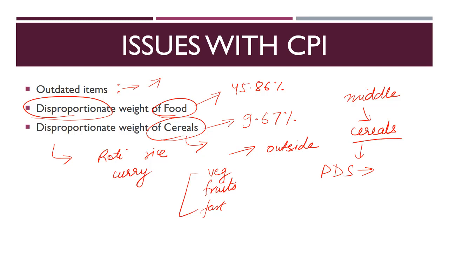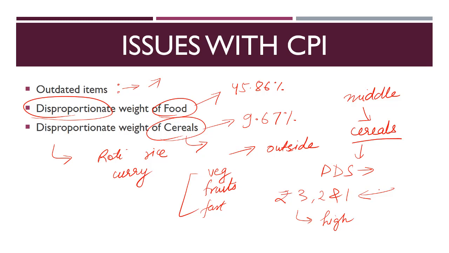Even in the full PDS scheme, we see that rice, wheat and coarse cereals are available at a subsidized cost of rupees 3, 2 and 1 per kg respectively. So even the poor are shielded from paying very high amounts for cereals, because they can get these cereals at a very subsidized cost.